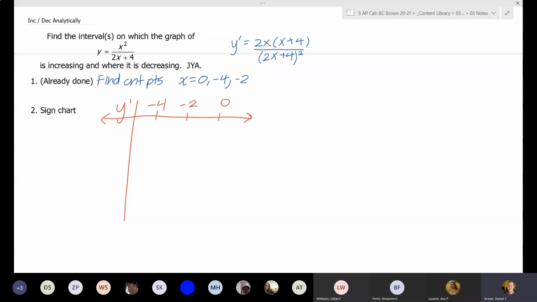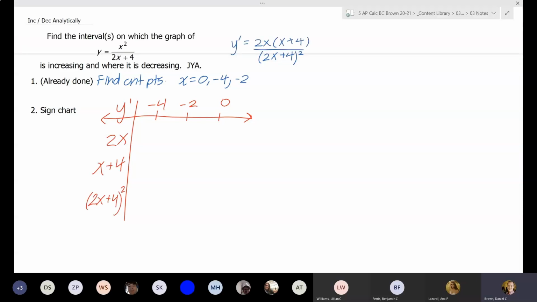And then in the column, I'm going to list my factors of y prime. And this is why factoring is important. The order won't matter, but I have 2x as a factor, x plus 4 was a factor, and then (2x plus 4) squared was also a factor.